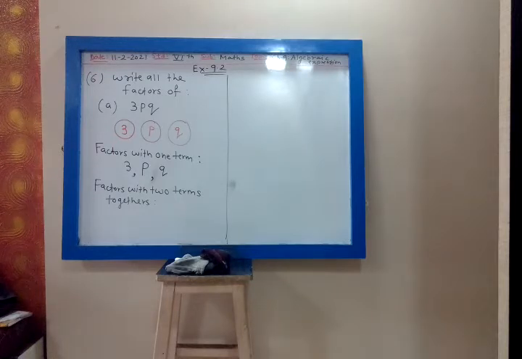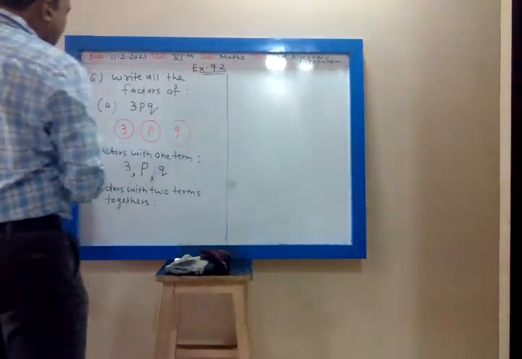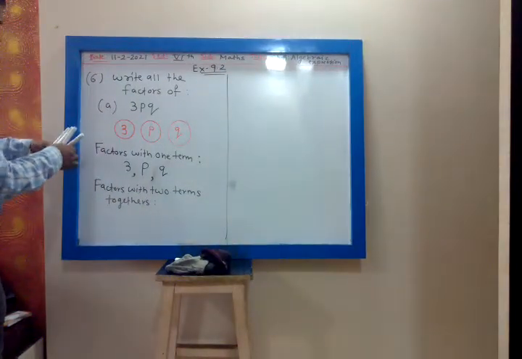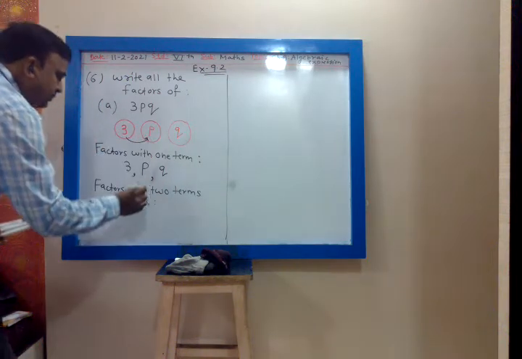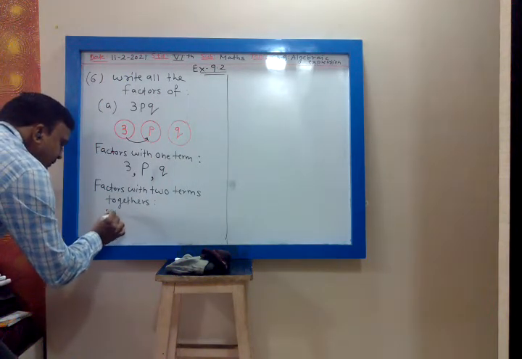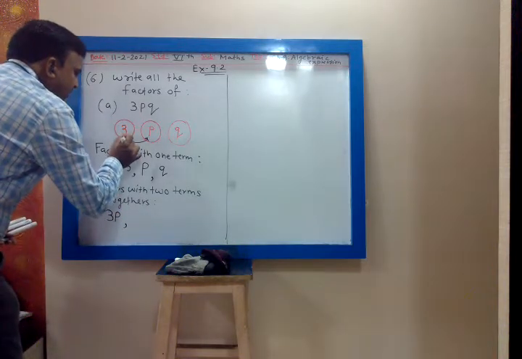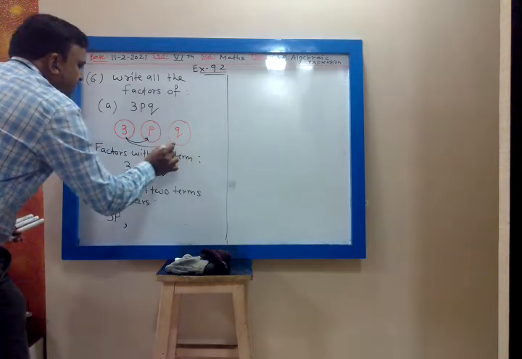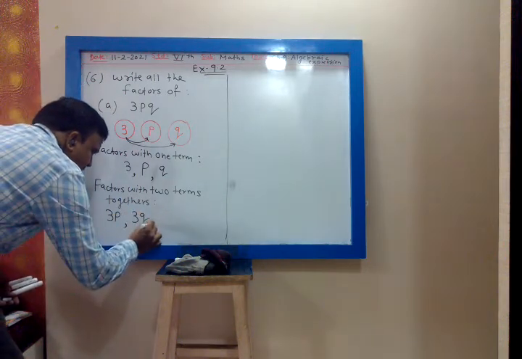Then factors with two terms. Now you take two terms together. So how will you take two terms together? See, first I will take 3P, then I will pair 3 with Q: 3Q. Then which other?